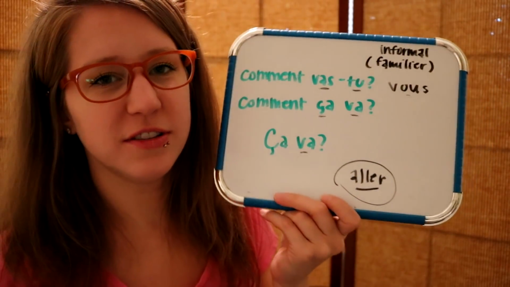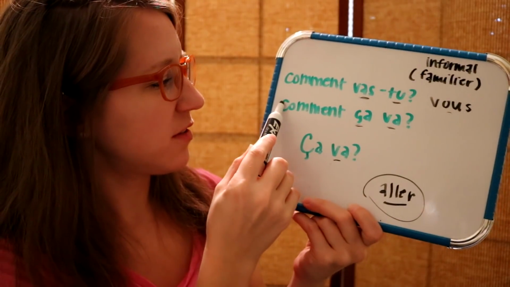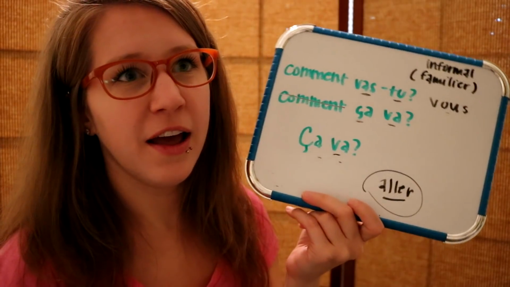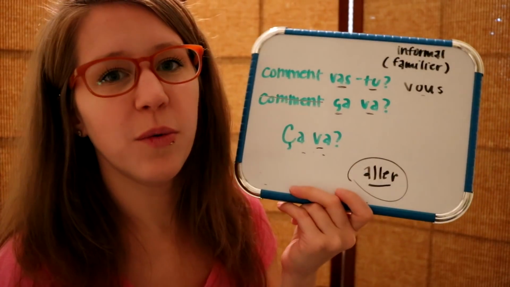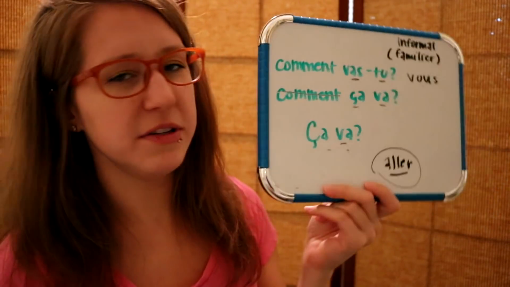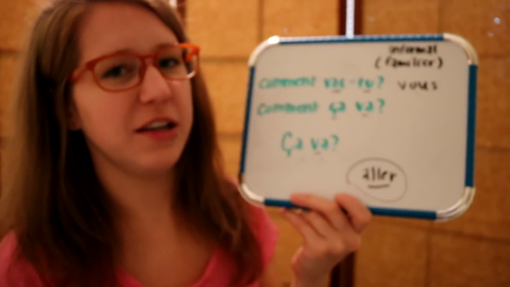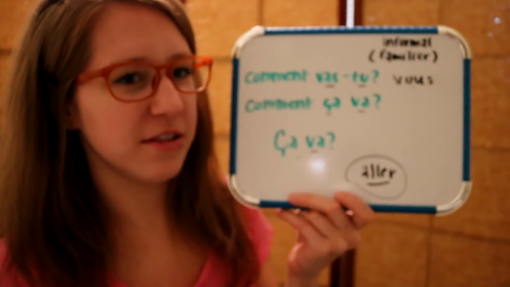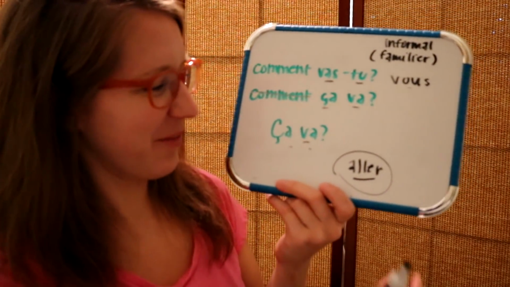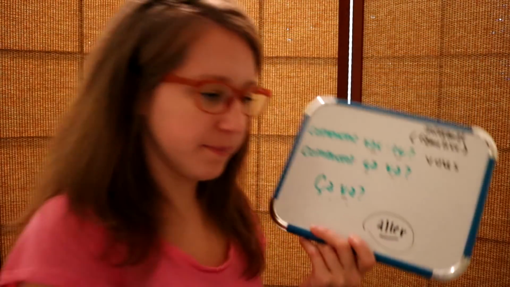And I've noticed just in speaking with native French speakers that they'll often just ditch this and just say ça va, like how's it going, are things going well for you kind of thing. And we'll discuss how to reply to these things at another point. But for right now, we're just going to get the questions down because I know this is quite a bit of information. So these are all of your informal ways of asking how someone's doing.